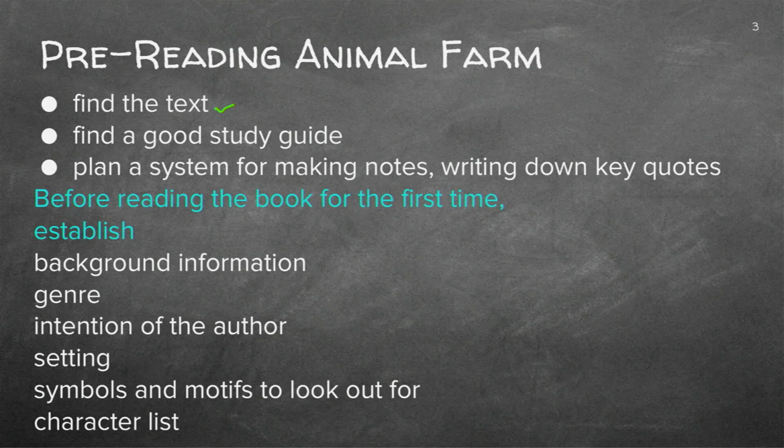You can buy it in a second-hand bookstore. It doesn't matter. You can find a hard copy. But find a text and get ready. Find yourself a good study guide with good notes. Once again, there is so much available on the internet and all over that you find yourself a study guide, and most certainly it will be good enough for your purposes.